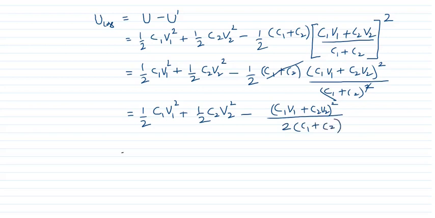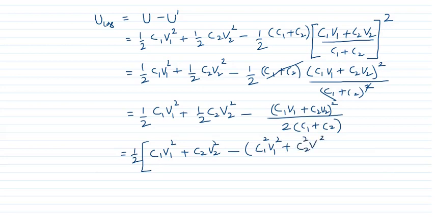I think 1 by 2 is common, we can take it out. 1 by 2. What is left? C1 V1 square plus C2 V2 square minus, I will open this bracket, A square plus B square plus 2AB, divided by C1 plus C2.